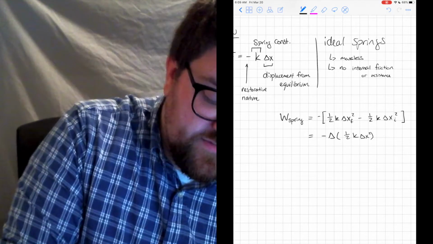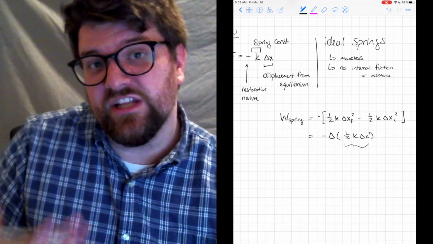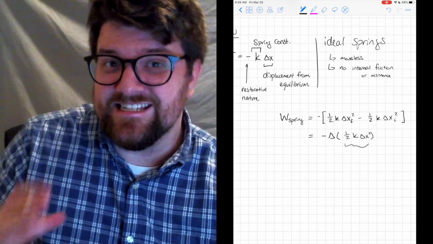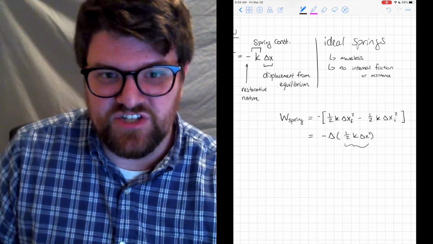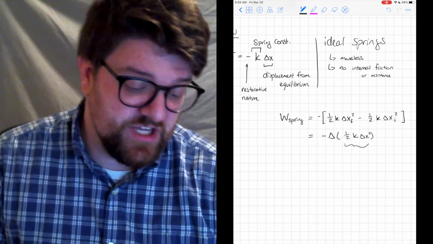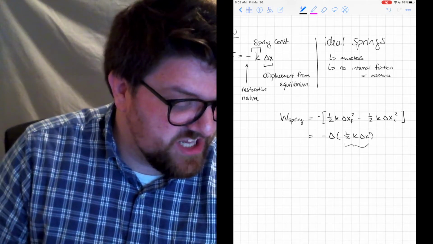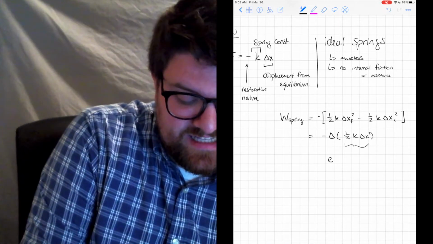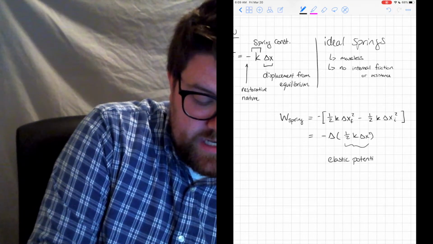So this 1/2 k delta x squared is actually a potential energy. I said that chapter 10 is going to be all about potential energy and the interplay between potential energy and kinetic energy. I'm skipping a beat here and talking about this a little bit early. This is the elastic potential energy.